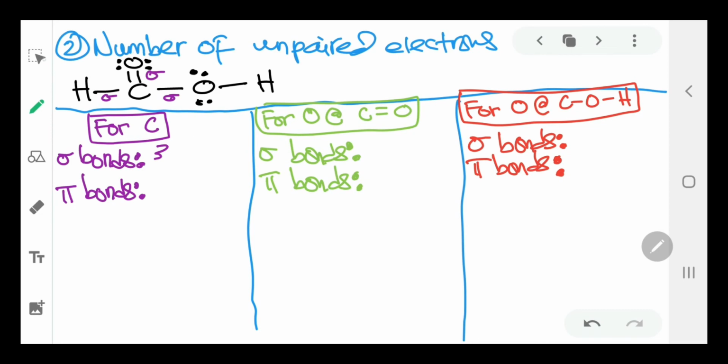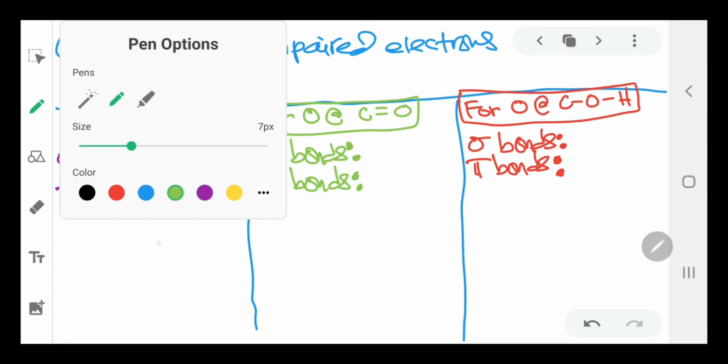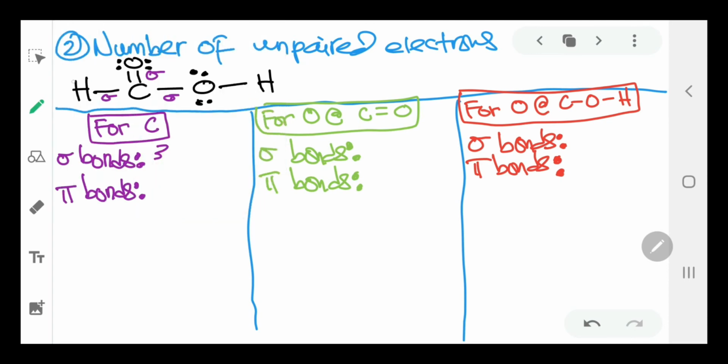Okay, so this here is a pi bond. So pi bond is 1. So you need 4 unpaired electrons.